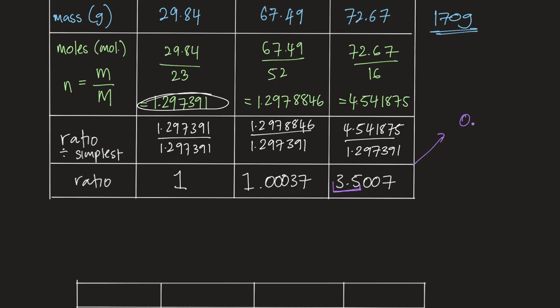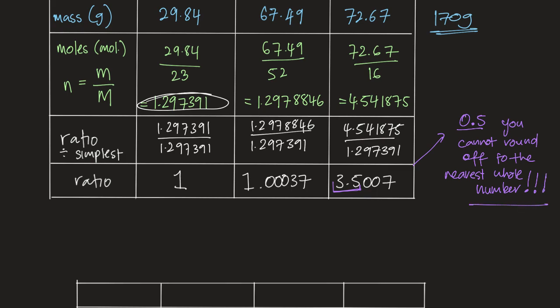If there's a 0.5, you cannot round off to the nearest whole number under any circumstances. This is NB. What you have to do is you have to multiply by a factor.